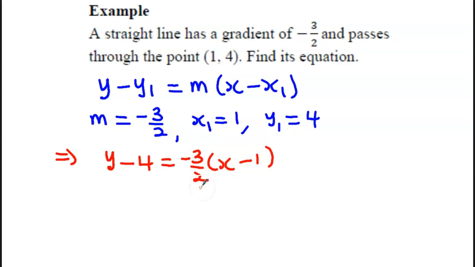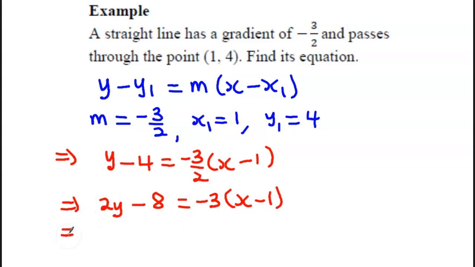We have a fraction here, so we need to multiply through by 2. When we do that, we have 2y minus 8, which is equal to minus 3 times x minus 1. Here the 2 will cancel the 2. We then open the bracket, so 2y minus 8 is equal to minus 3x plus 3, minus times minus.